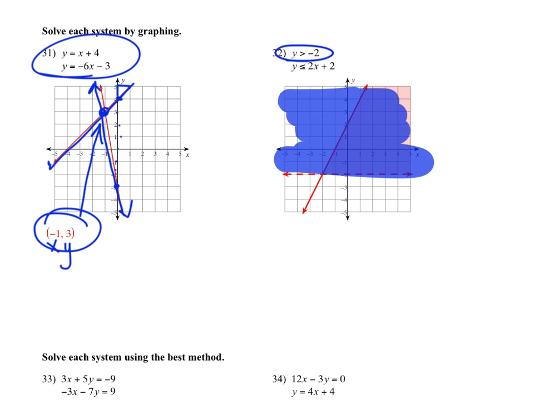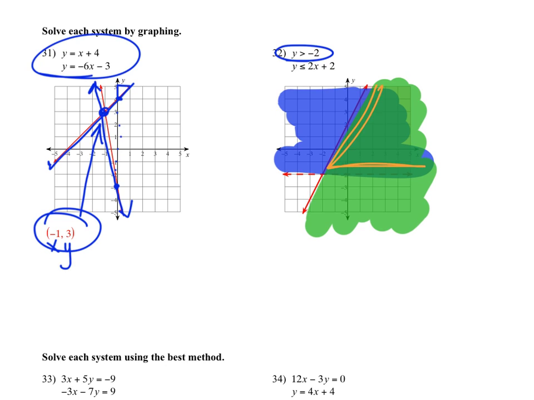And then the other line that they have given us is going to start at +2, up 2 over 1, down 2 backwards 1. It is a solid line right here, and we're going to be shading below. So shading below, and then the solution is where those two are overlapping or intersecting. So the solution is like this corner right here, and that's the only part that's going to be shaded on your test tomorrow.